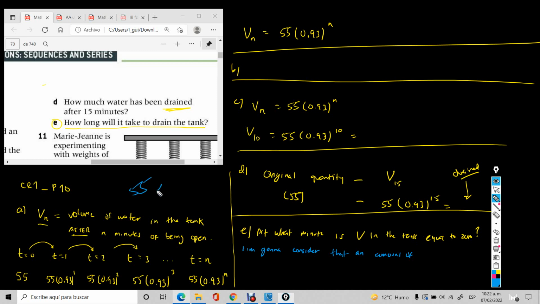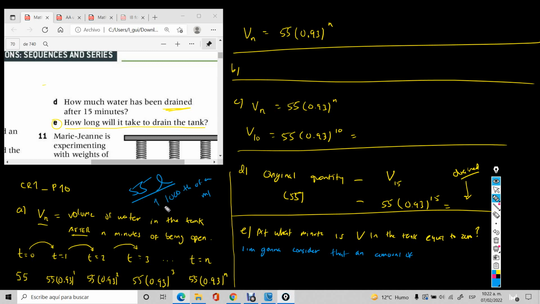That was the original quantity, 55 liters, that's the unit. And let's consider 1/1,000 of a milliliter. So we're talking about 1/1,000 of 1/1,000 of a liter, right?